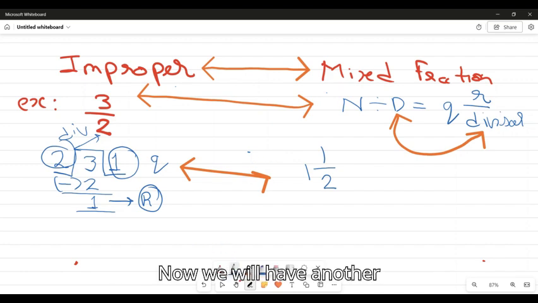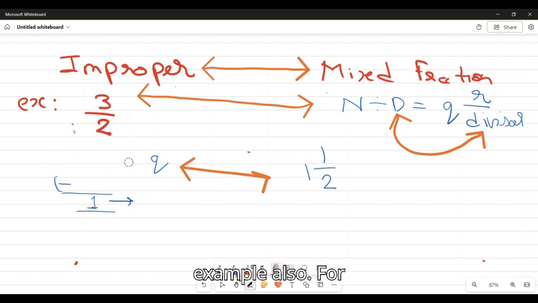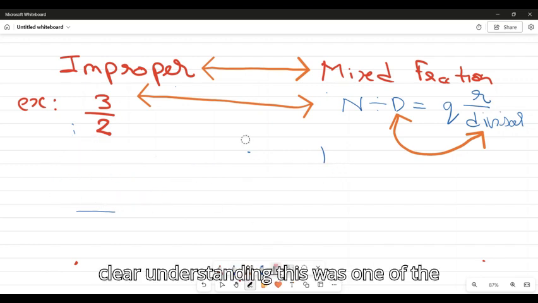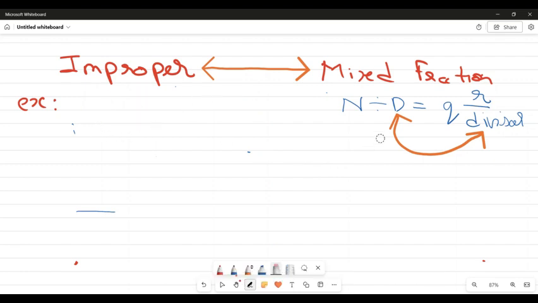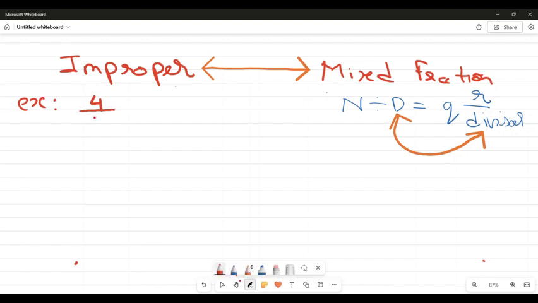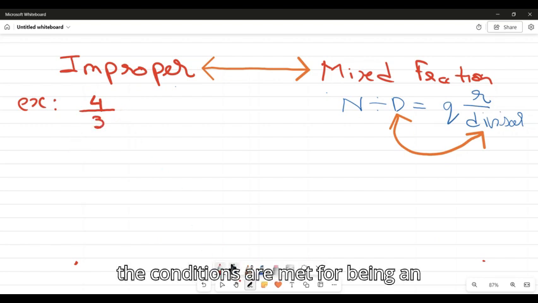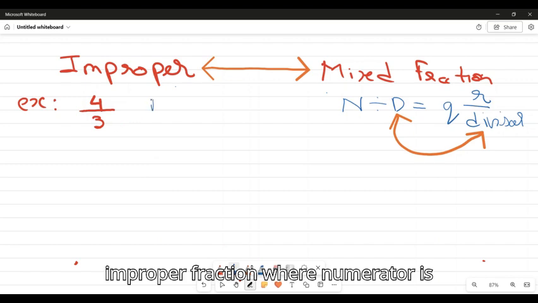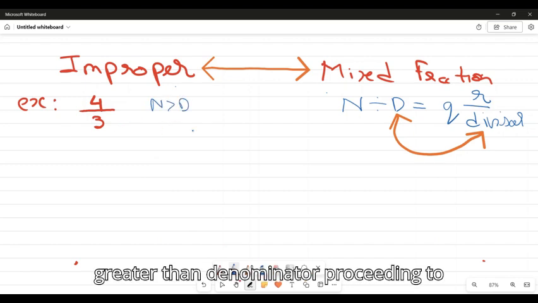Now we'll have another example also for clear understanding. This was one of the most simple examples. Say we have a numerator 4, and we have a denominator, say 3. Of course, the conditions are met for being an improper fraction, where numerator is greater than denominator.